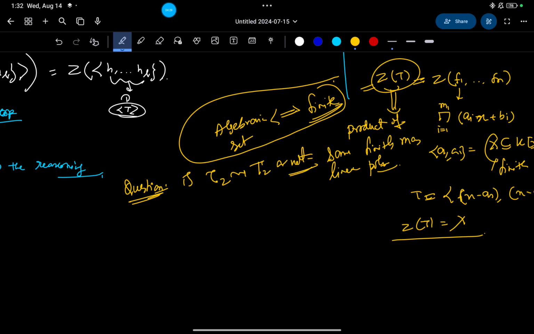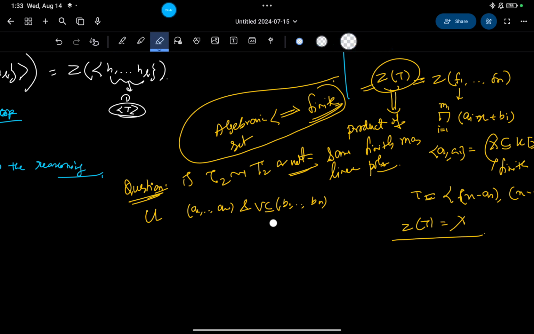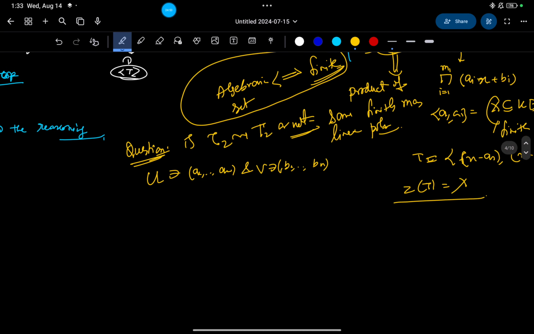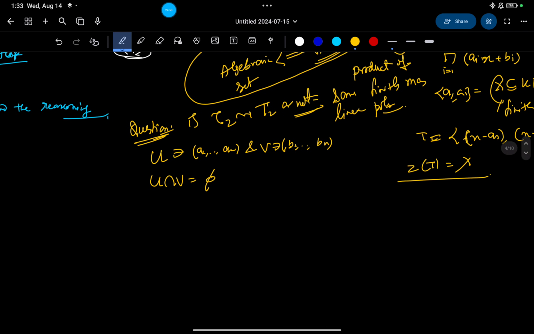So T2 means I can take any two points a1 up to an and b1 up to bn, which can have some open neighborhoods U and V such that U intersection V is completely empty.